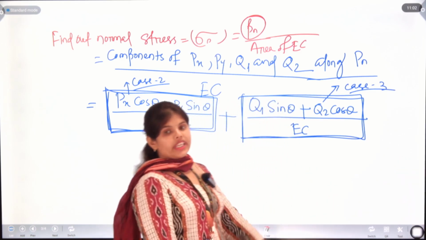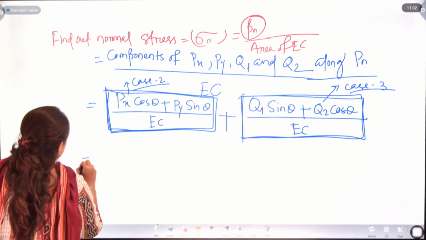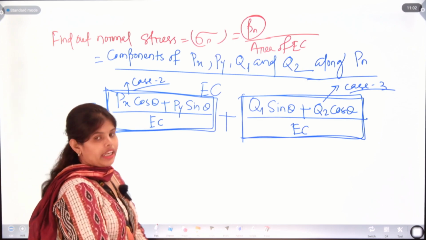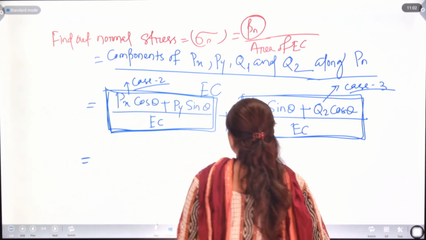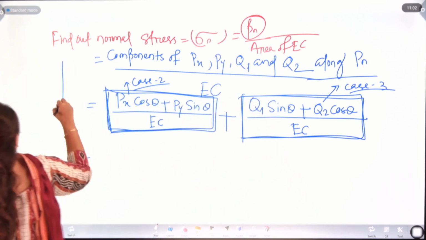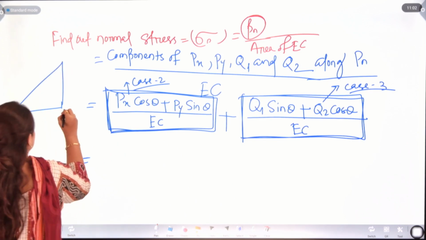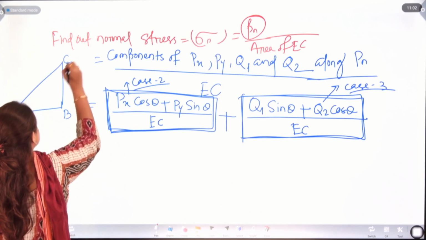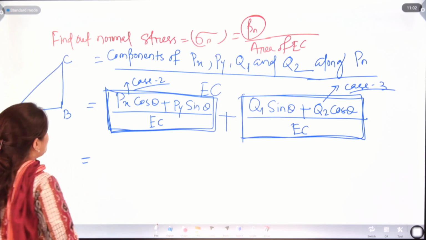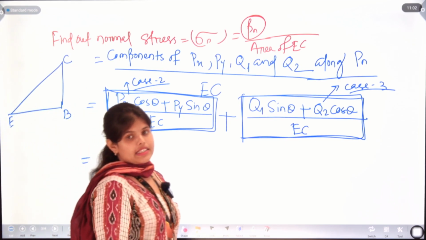We can solve it here again for better understanding. So, we need to draw the triangle again, B, C and E. Let's find out the stresses.